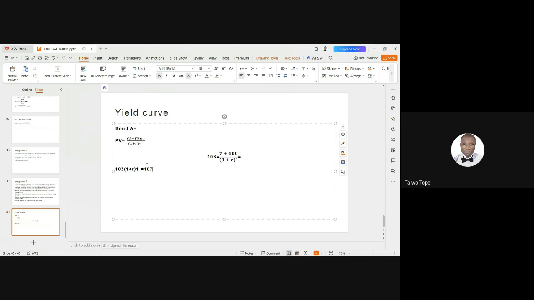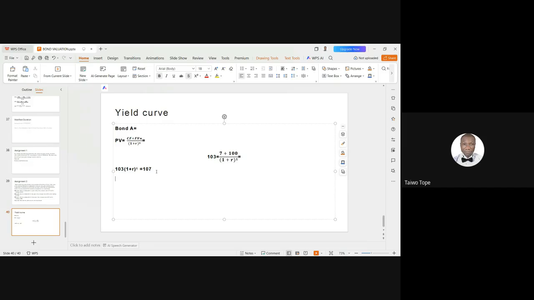For you to make R stand alone, you divide both sides by 103. Please take note of this.